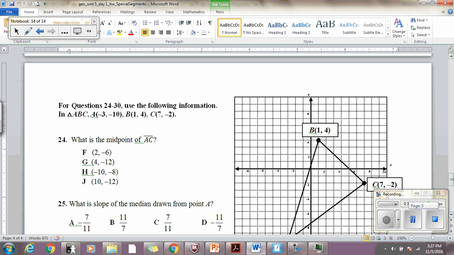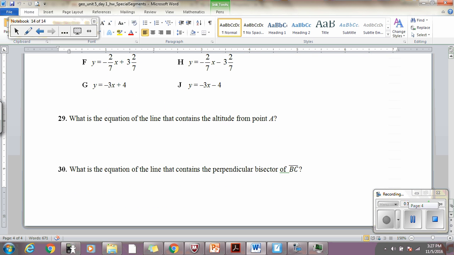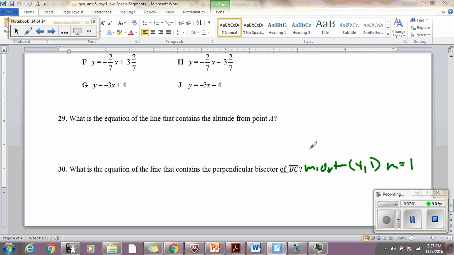We found that out before as well. So let's write this information down. The midpoint was 4, 1, and the slope would be positive 1. So we're going to use this information to write our new equation.